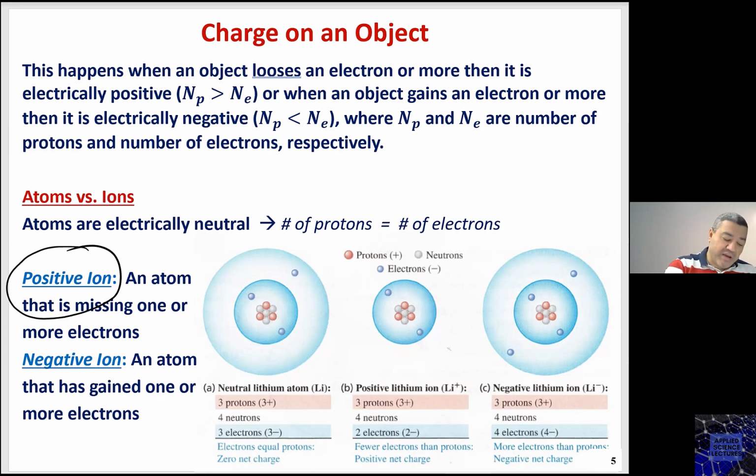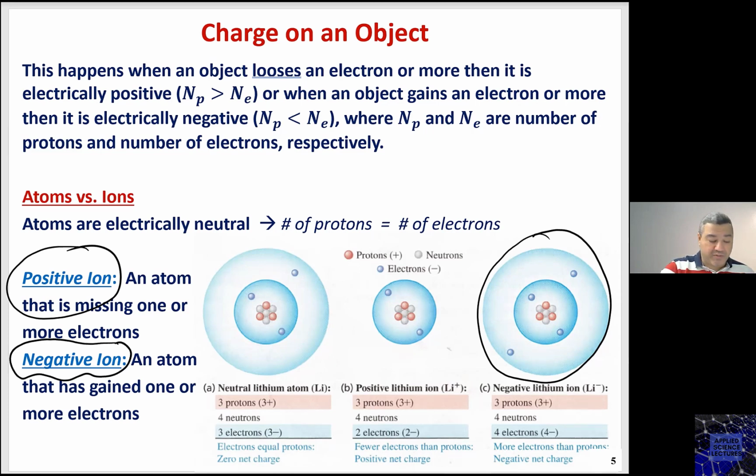However, if this atom gains an electron, then the number of the electrons would be greater than the number of the protons, and in this case, I will have a negative ion.